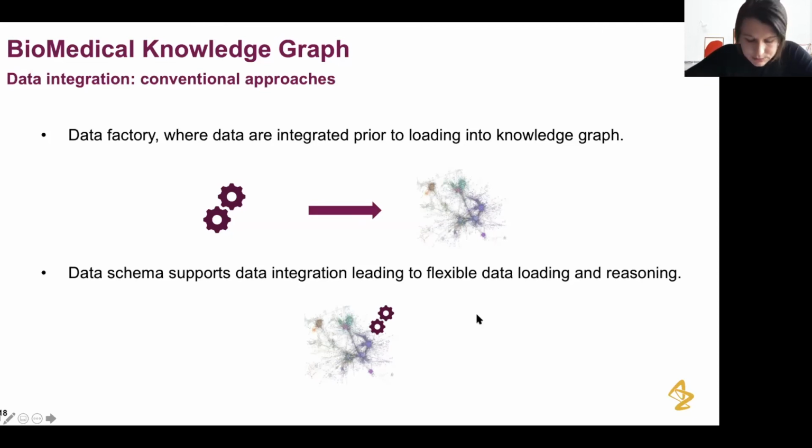I showed these slides to my partner, who is a software developer, and he was 100% sure that, of course, the first one, of course, you have to integrate the data beforehand and then load. Why would you want to do it in the database? It's crazy. So the truth is that if you are working in a research group, if you don't know what type of data sources you want to integrate, you have to be flexible enough.